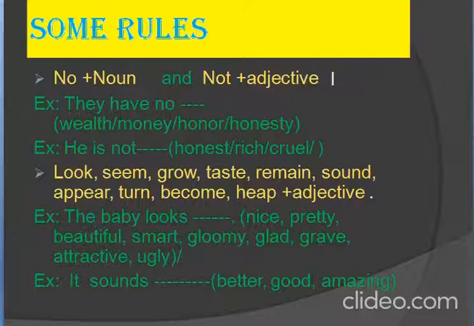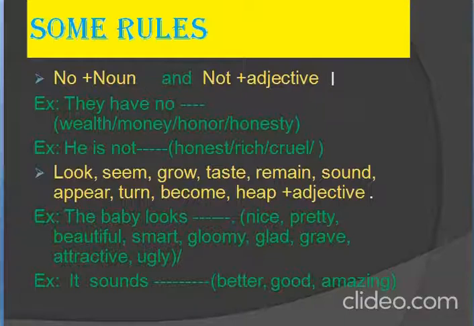Next rule. Here are some verbs, and these verbs are very important, and I'm telling you to memorize all the verbs. If you find any gap immediately after these verbs like look, seem, grow, taste, remain, sound, appear, turn, become, then use adjective to complete your gap. Here the example, the baby looks blank. I have written many answers. The baby looks nice.